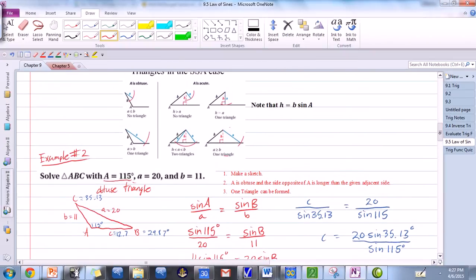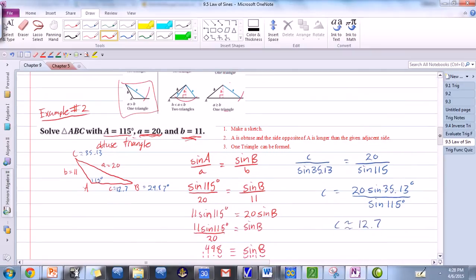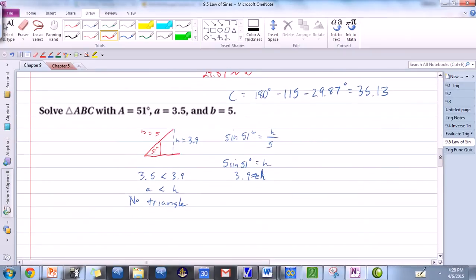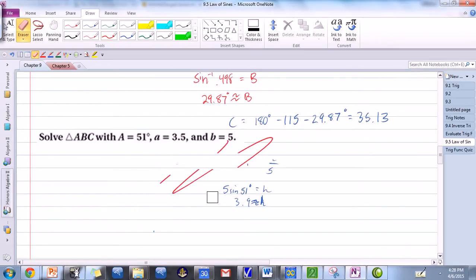The reason why with that obtuse case is because A was greater than B. A was 20, B was 11, so therefore we have one triangle. If A was less than or equal to B, we would have had no triangles. That was the obtuse case.